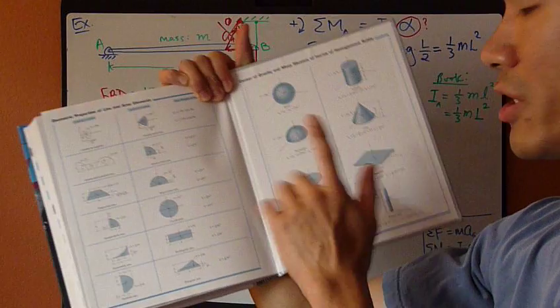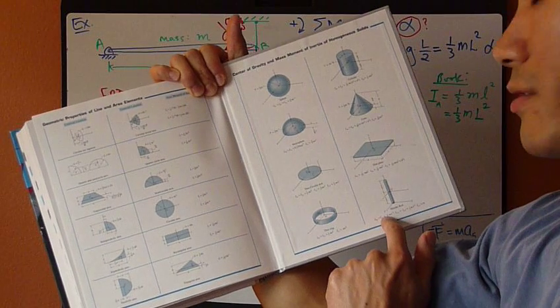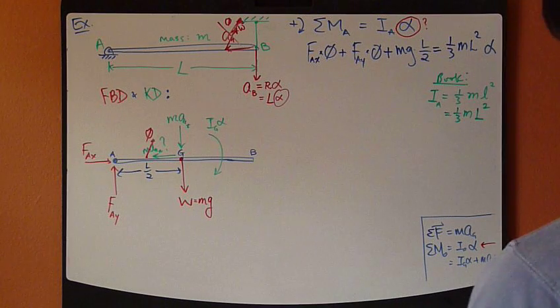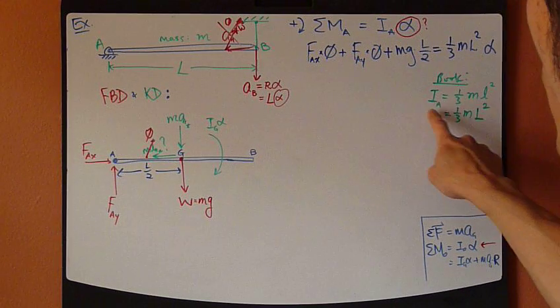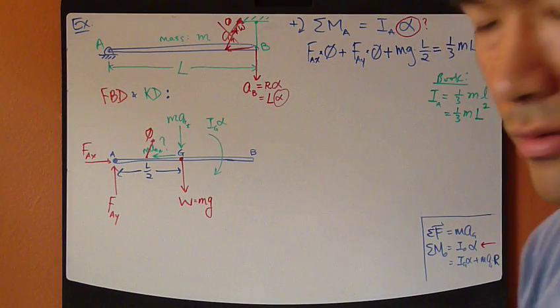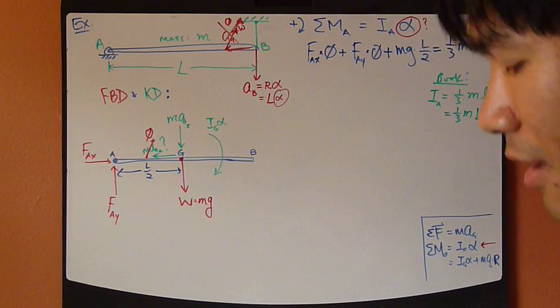Now, some textbooks actually just give you this right here, the centroidal axis. That's all. How do we get 1/3 ml squared for this moment of inertia about this end point? Parallel axis theorem.